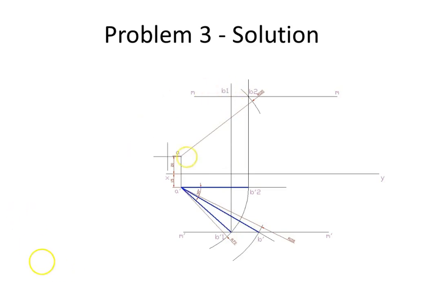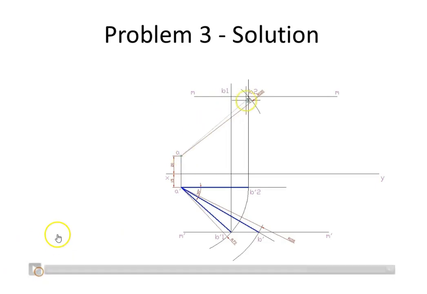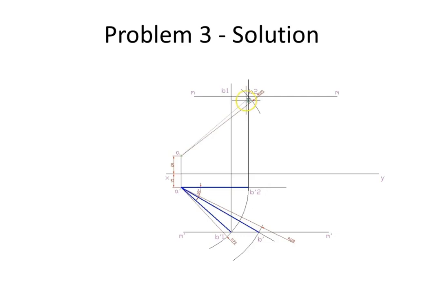One more thing I would like to highlight here is that the moment you have found one of the final projections, in this case A dash B1 dash, you can be clear that the point B1 will always lie on the projector connecting B1 dash and B1.